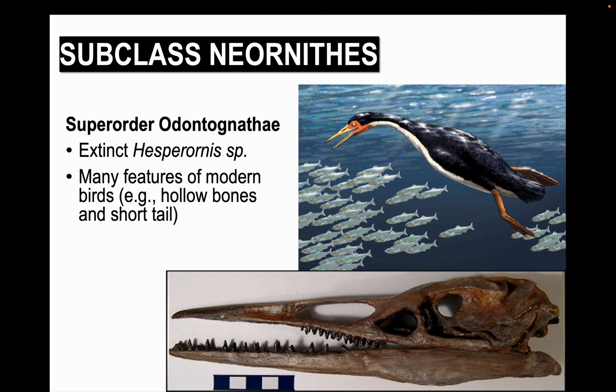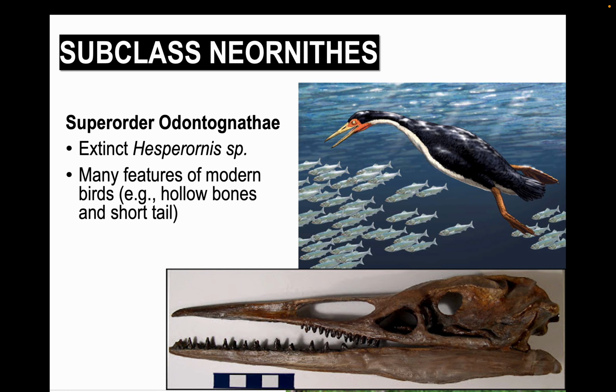Then we have the Neoornithes, new birds. Okay, so under Odontognathai, we have a representative called Hesperornis species. So Odontognathai are extinct, and they have features such as bones that are less compact, more hollow, and a tail that has been shortened.